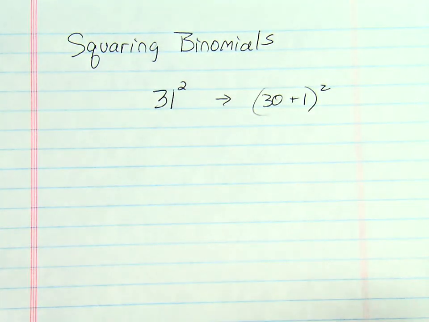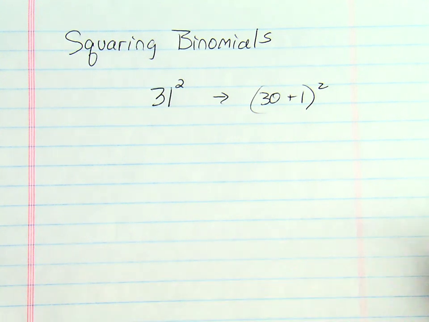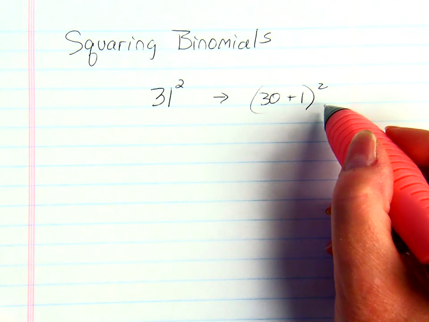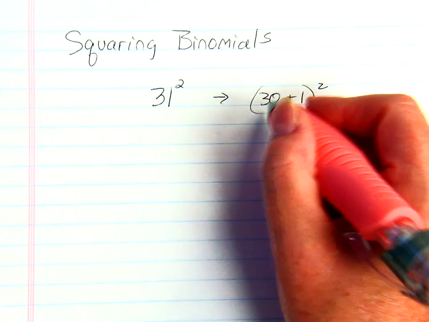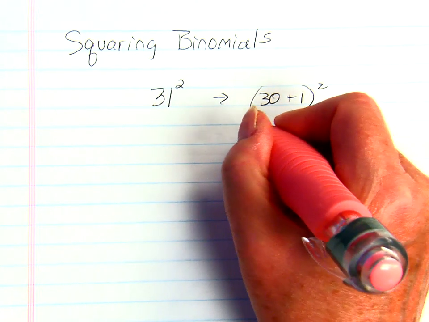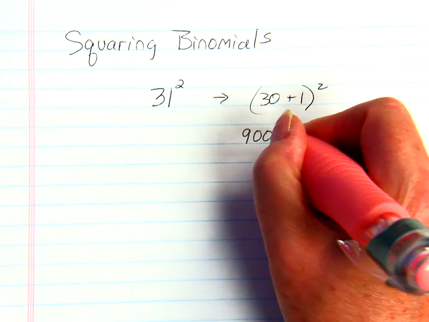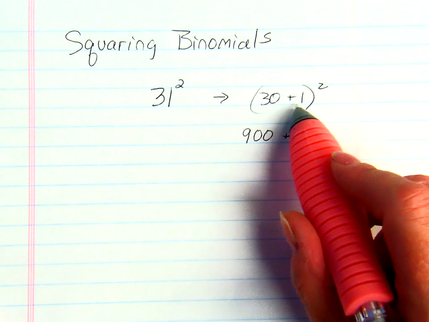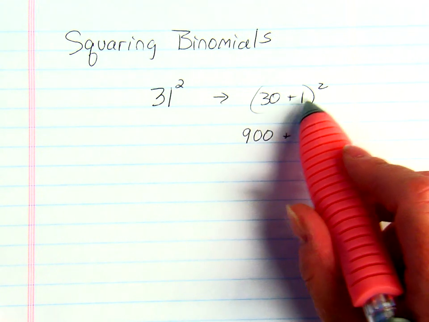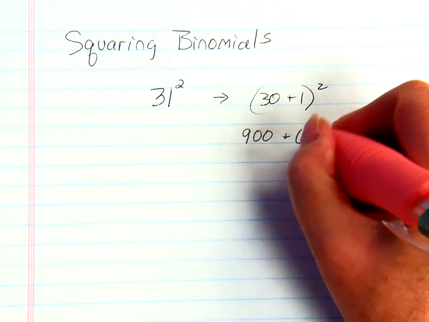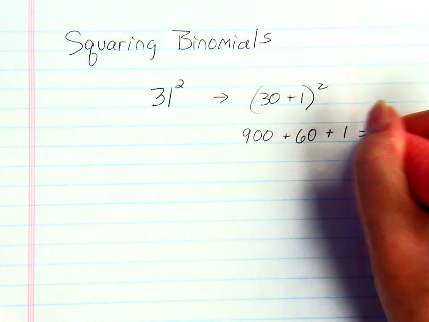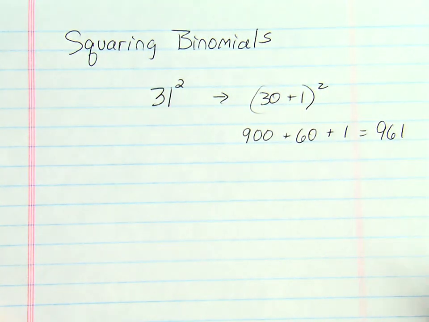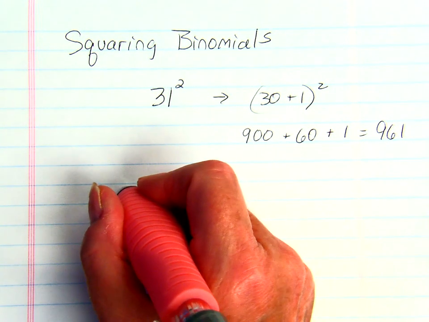So now I'm looking at squaring a binomial. So we know that 30 squared is going to be 900, plus 2 times a, which is 60, times b is 60. So plus 60 plus 1 squared, and so your answer is 961.